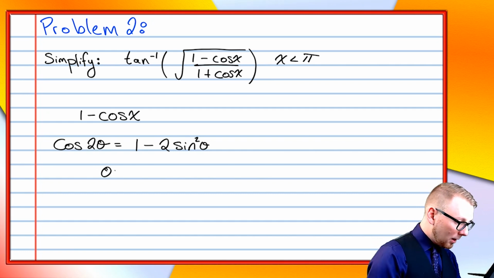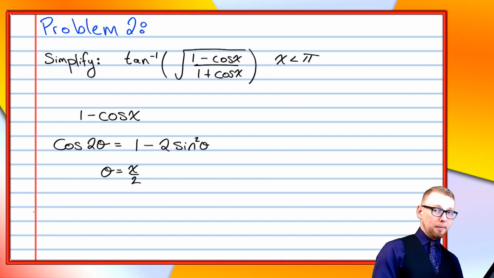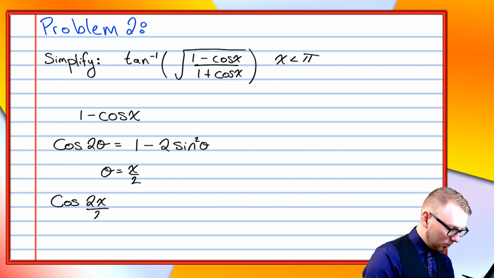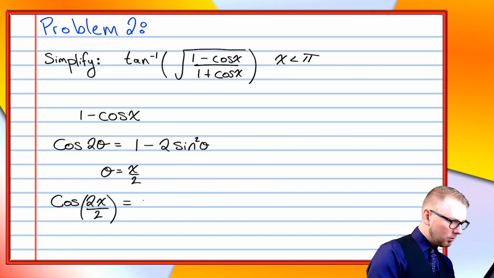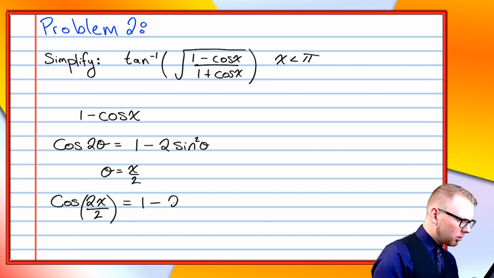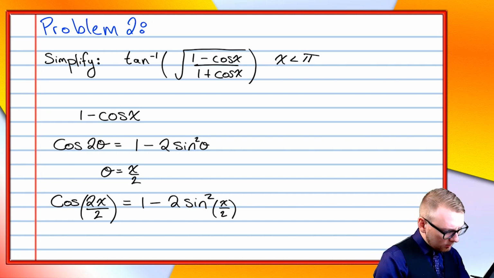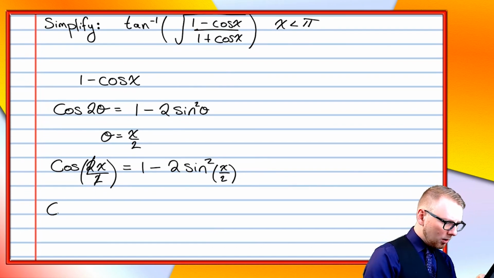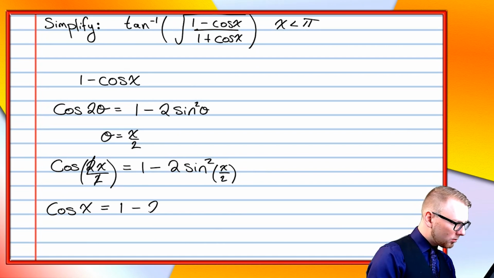If theta is x over 2, we're just going to replace this. So we've got cosine of 2 times x over 2 is equal to 1 minus 2 sine squared of x over 2. This 2 and this 2 cancel out, so we'll have just cosine of x is equal to 1 minus 2 sine squared x over 2.